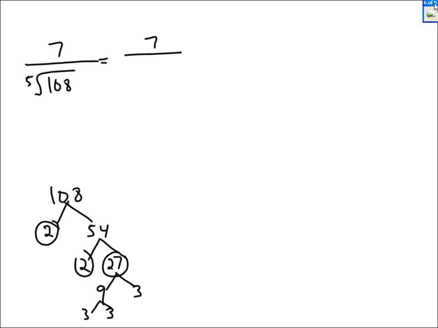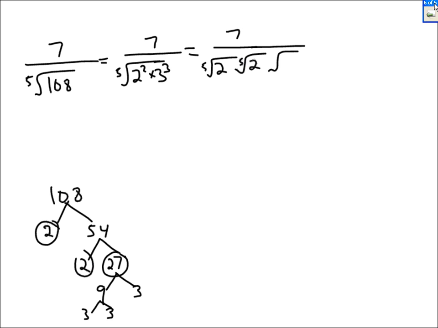So you get the 5th root of 2 squared times 3 cubed. That is the 5th root of 2 times the 5th root of 2 times the 5th root of 3 times the 5th root of 3 times the 5th root of 3. A lot of writing but it makes your life easier.